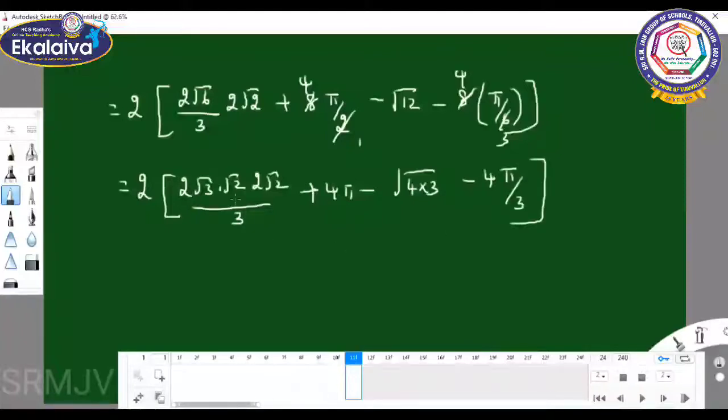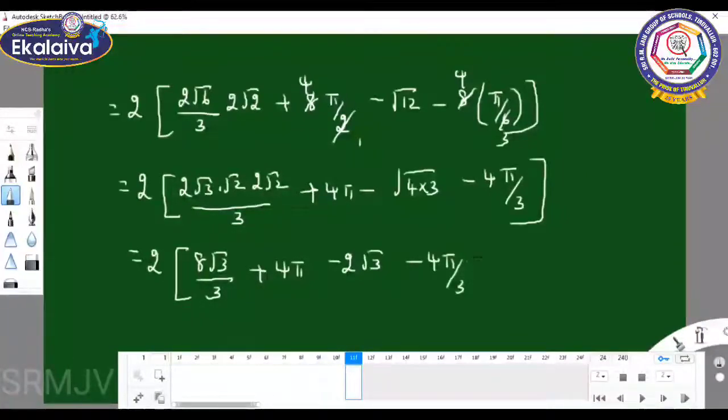See, 2 twos are 4. Root 2 into root 2 is 2. So what is the value? 8 root 3 by 3 plus 4 pi minus 2 root 3 minus 4 pi by 3.